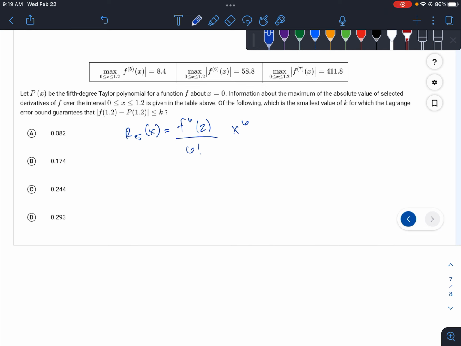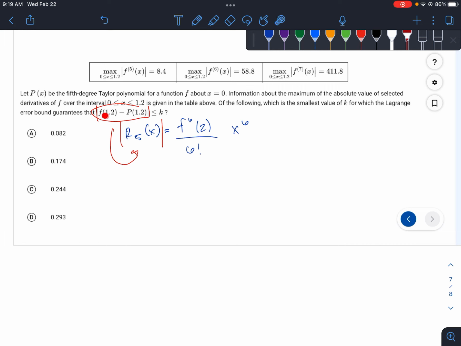Okay, so which of the following k values guarantees that f of 1.2 minus p of 1.2 is less than this value right here? So this is the value we're looking for. K has to be equal to this value, because that's what this is supposed to be equal to.